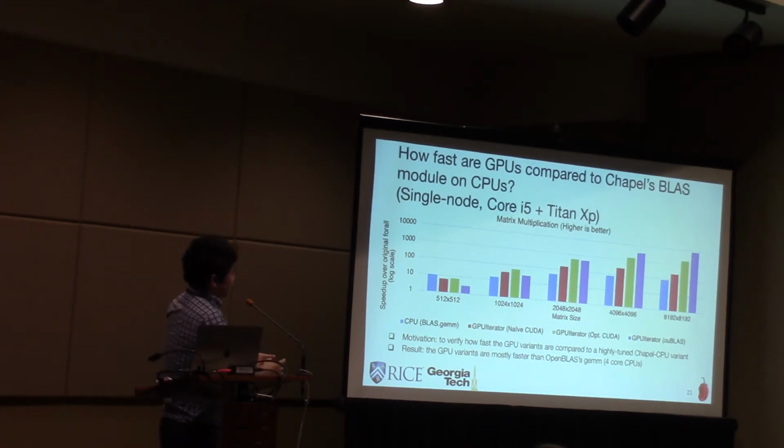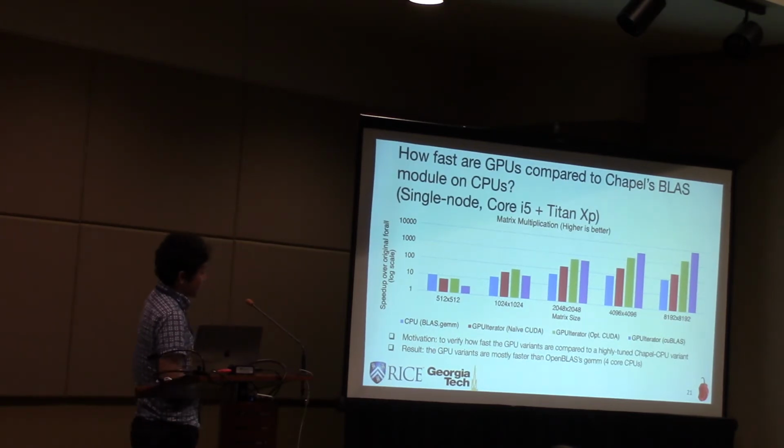If the matrix size is very small, the BLAS version is much better than the GPU version, but as we increase the input size, we get really nice performance with the GPU version. So again, we can explore different variants using our GPUIterator as well.